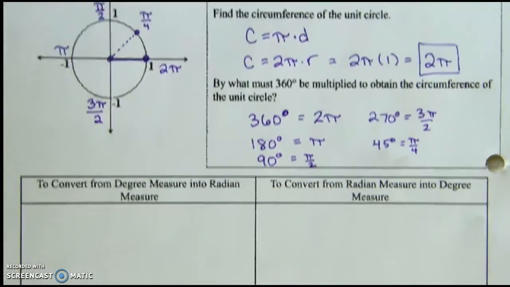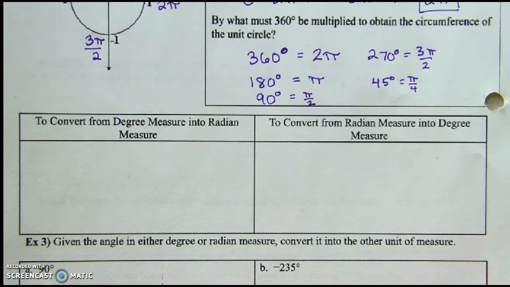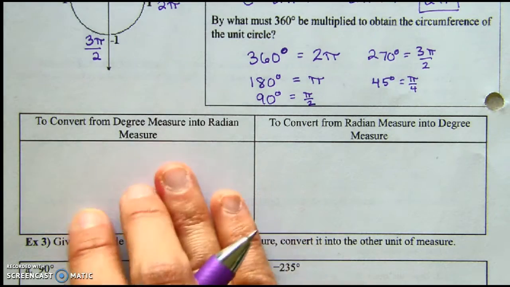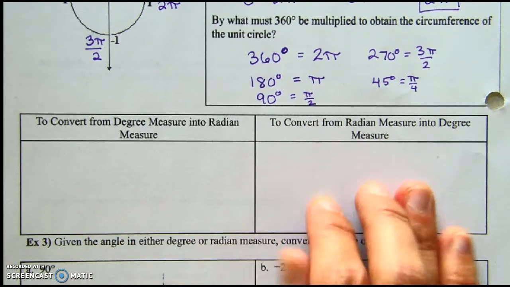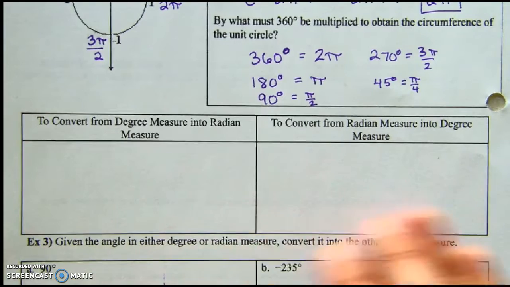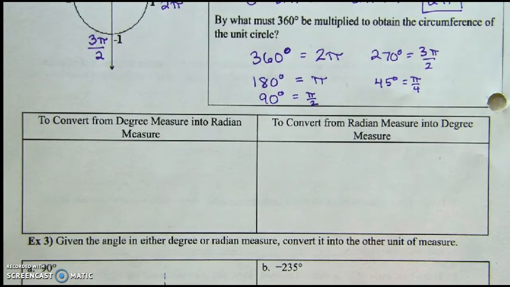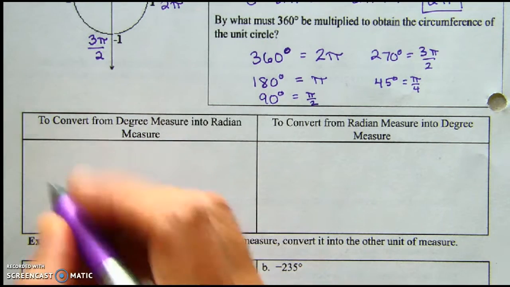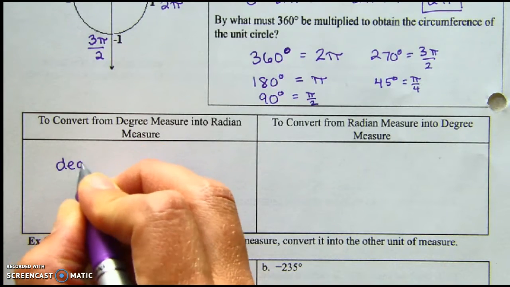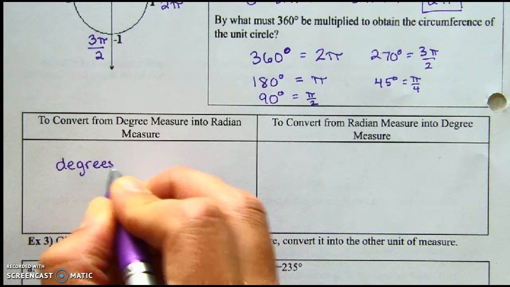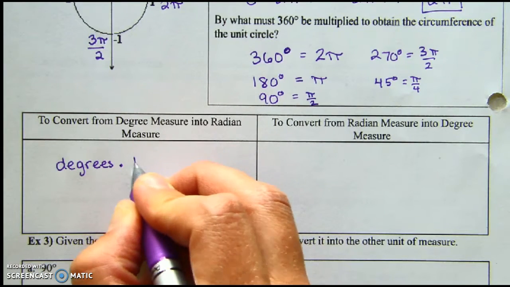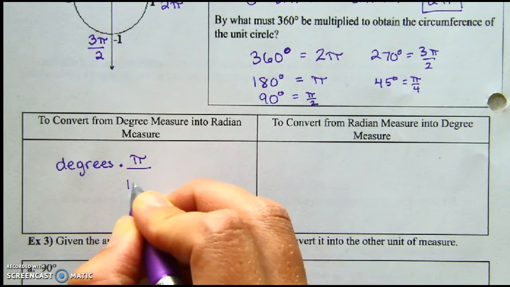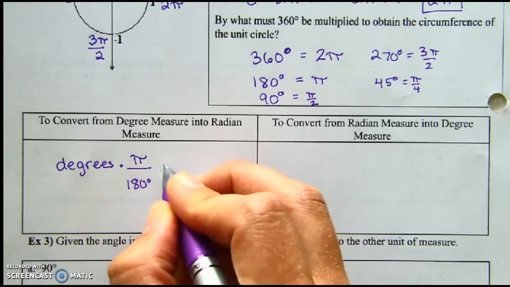Now, in science, do you convert units a lot? We did it in middle school, freshman, sophomore year maybe. So now we're going to learn how to convert from degree to radian and radian to degree, and that's what we're going to practice for a while. To convert from degree measure into radian measure, we take our degrees and multiply by a conversion factor, pi over 180.